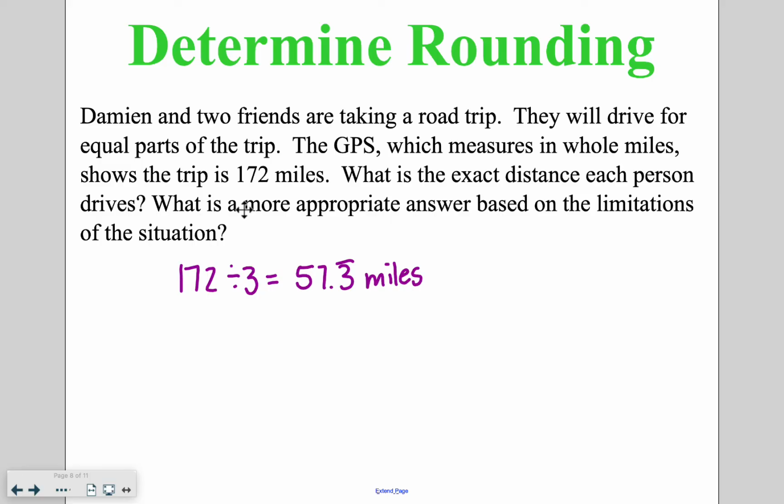In the problem, it specifies that the GPS is only rounding to whole miles. So the appropriate answer here would be to round to 57 miles per person.